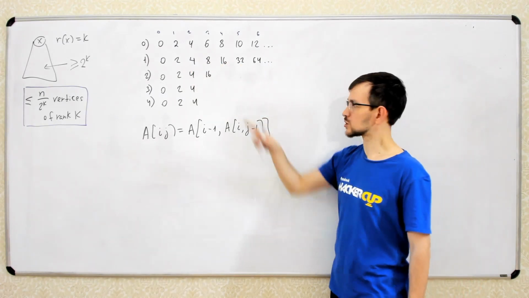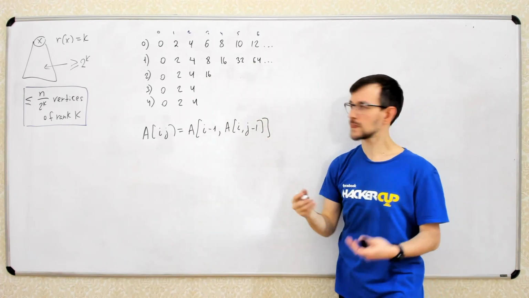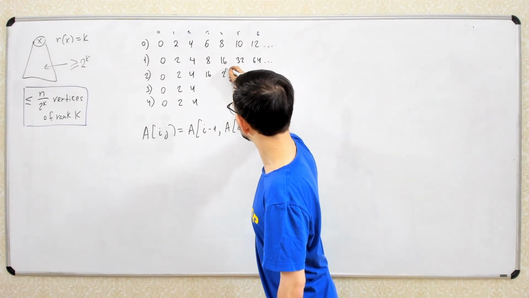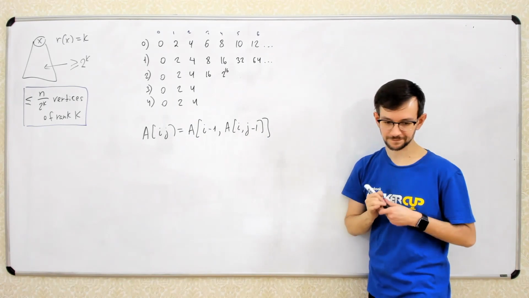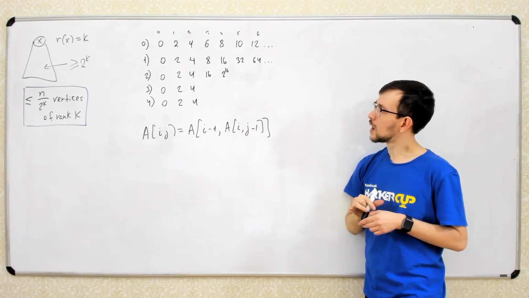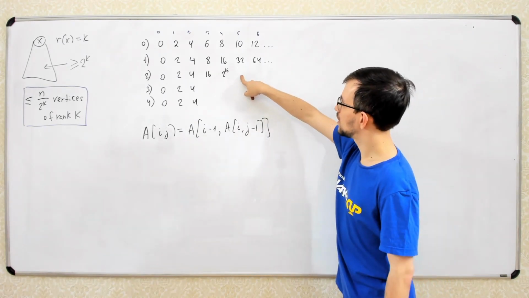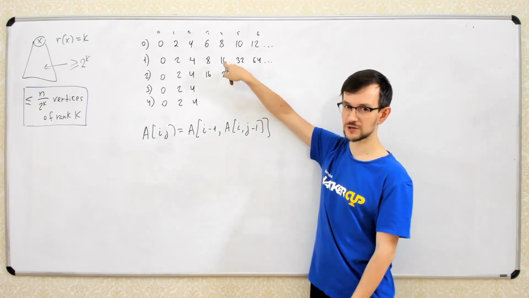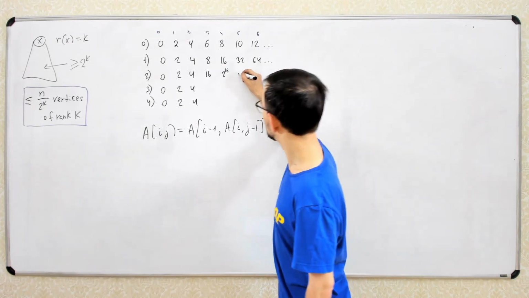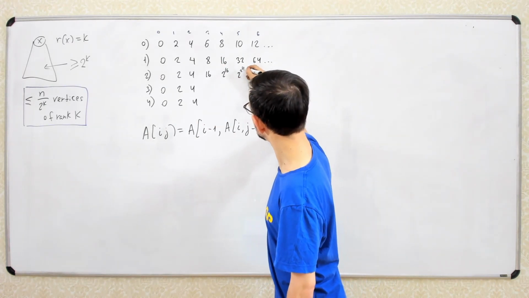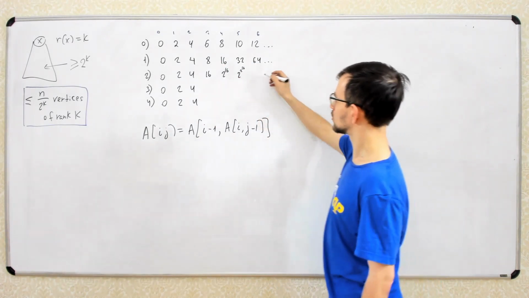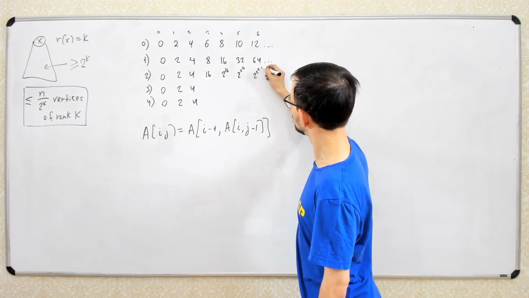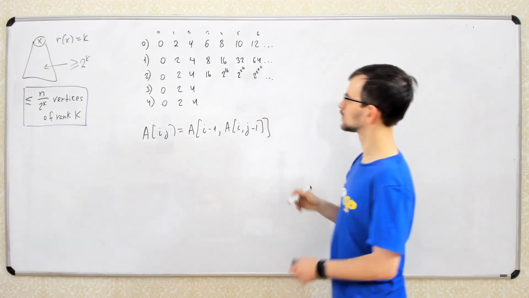This sequence contains powers of 2, so this will be 2 to the power 16. And here we need to take the element of index 2 to the power 16, so this element will be 2 to the power of 2 to the power 16. And so on. Here will be 2 to the power of 2 to the power of 2 to the power 16, and so on.